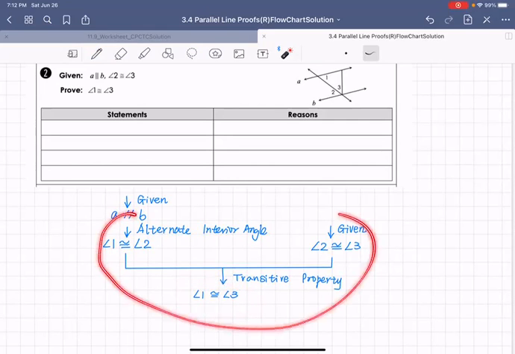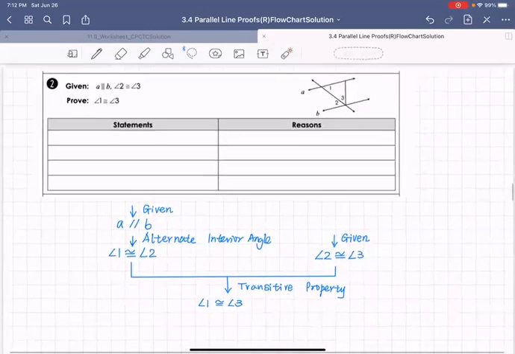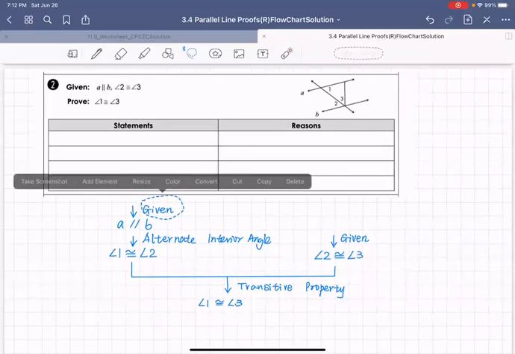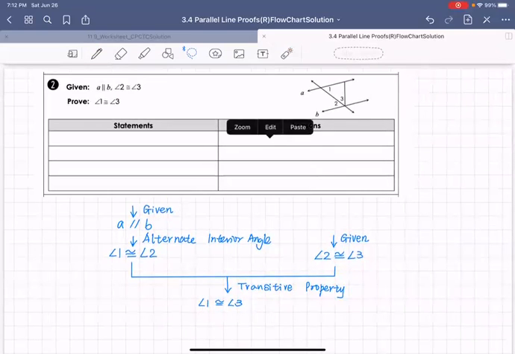Now we can copy and paste, okay? Let's go ahead and copy and paste. We copy the first one here.